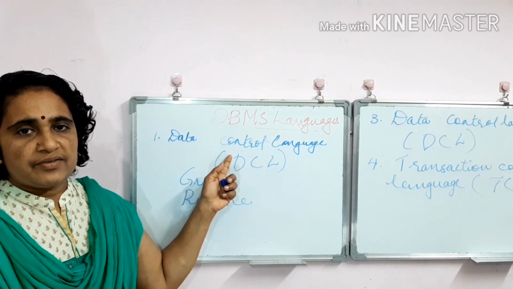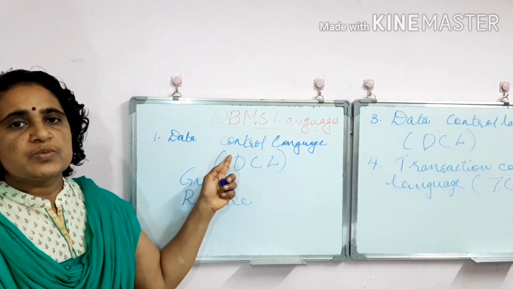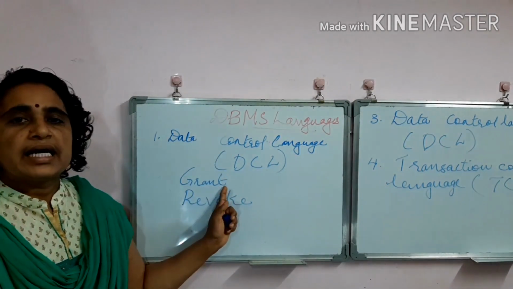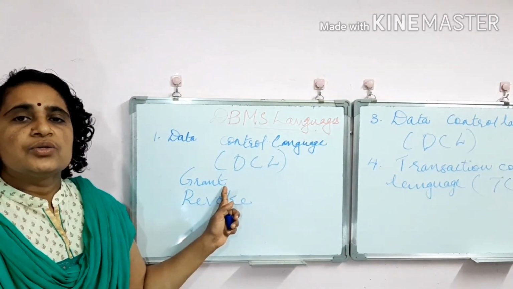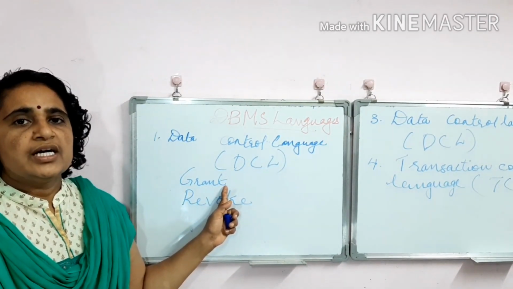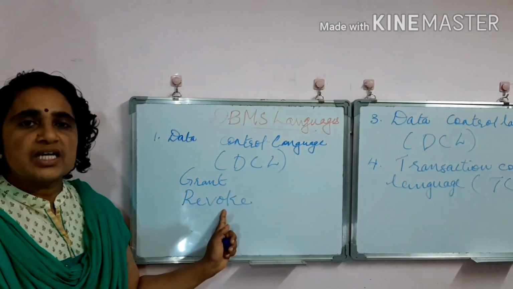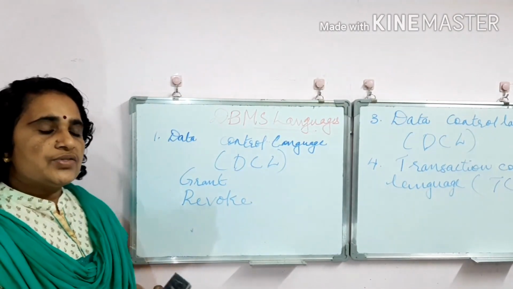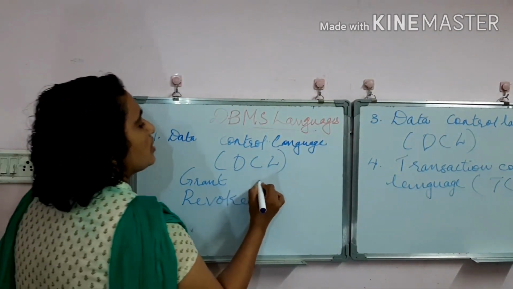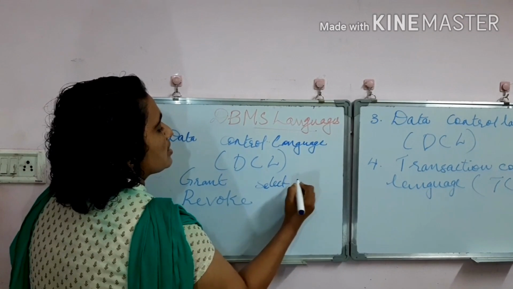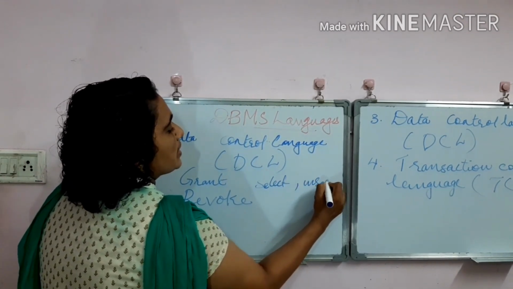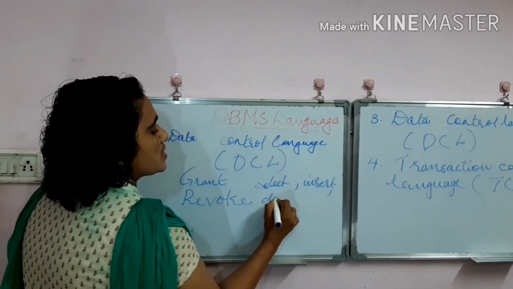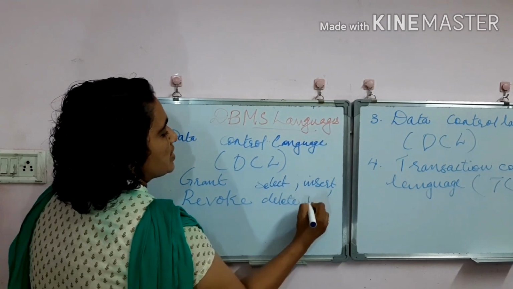Users can be given certain privileges by using this grant command, and those privileges can be revoked by using the revoke command. The privileges can be given to select statement, insert statement, delete statement, and update statements.